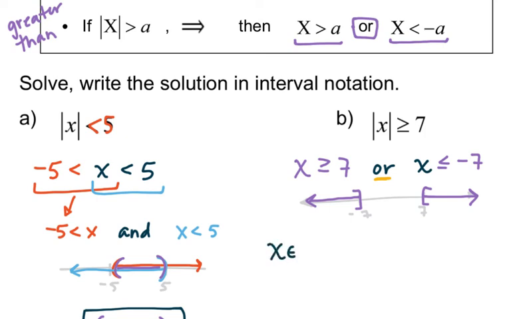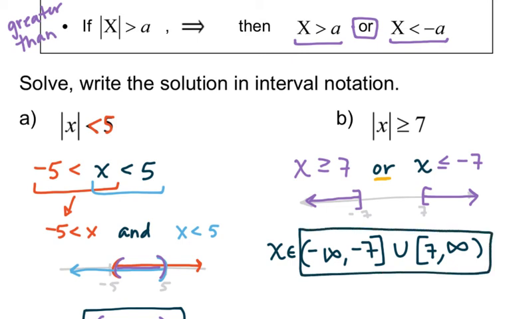So for example B, my solution would be -infinity to -7 included, union, which is or, 7 included to +infinity. Of course, you do not need to write x as an element of the set in your answer. You just need the interval notation. It says x is any number that belongs in this set, less than or equal to -7 or greater than or equal to +7.